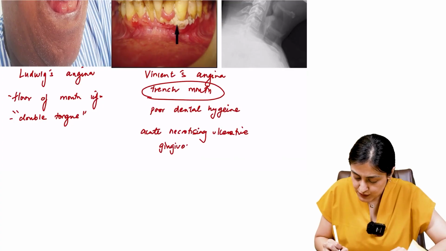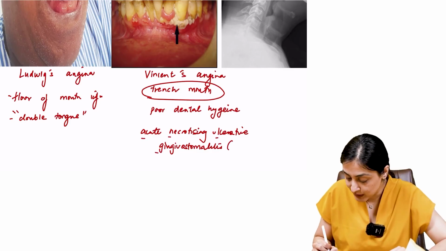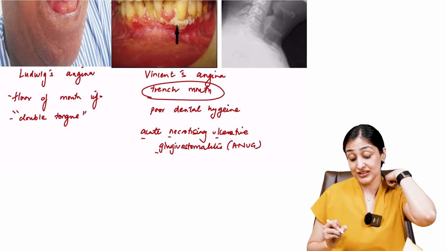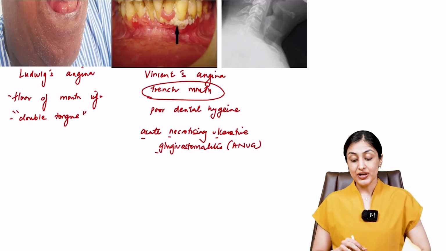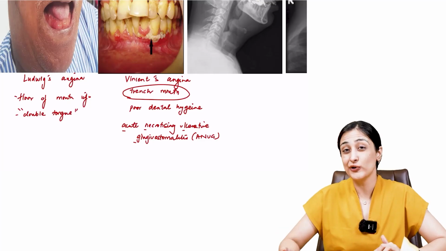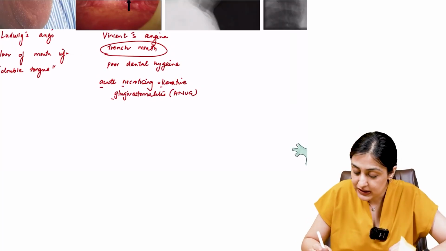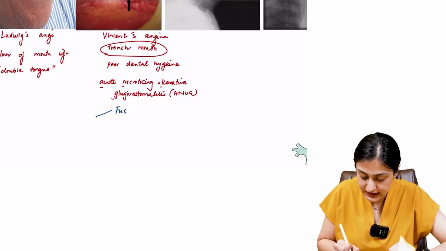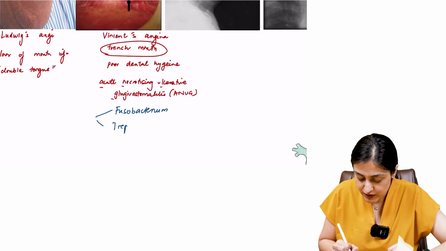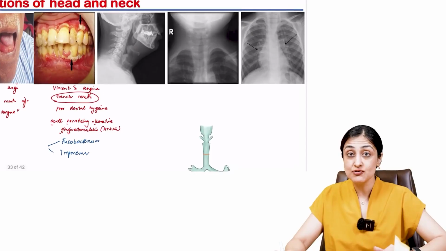So ANUG. They've given it three names: Vincent's angina, trench mouth, acute necrotizing ulcerative gingivitis, where you can see all of these membranes, right? This is also a polymicrobial infection and it's associated with fusobacterium and treponema species. Treponema, not pallidum, not the syphilis treponema, but the other treponemes. So this is Vincent's angina.